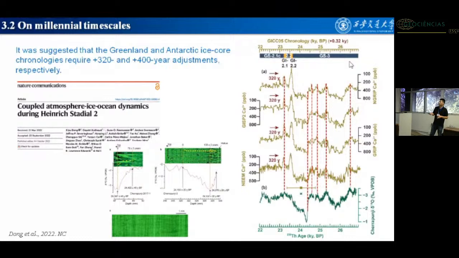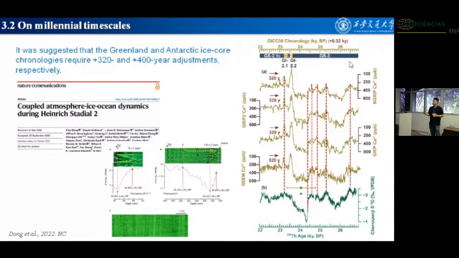So the monsoon intensity can correlate very well with the calcium concentration records without any lead or lag time. So this is why we can correlate the delta 18O with the calcium record directly.